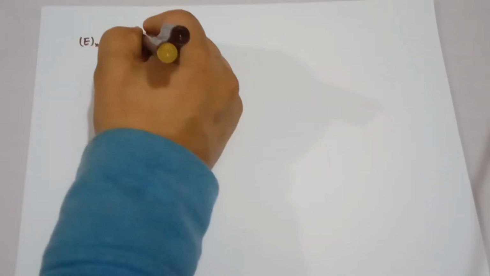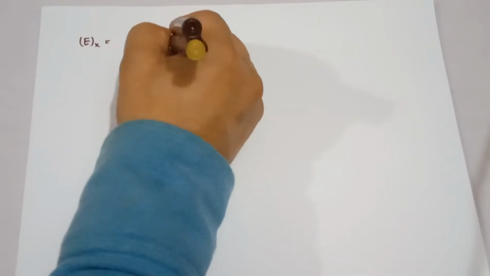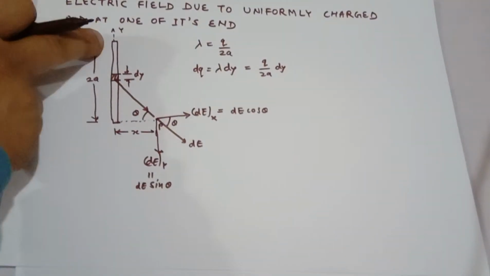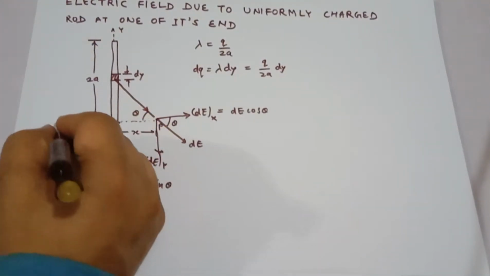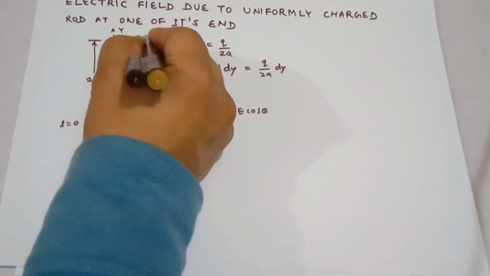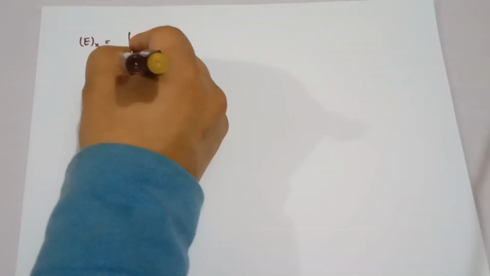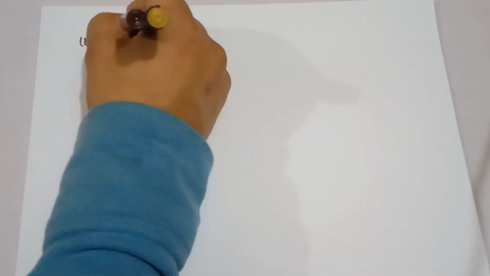That should be the integration of dE into cos theta, and the length of the rod this time is from 0 to 2a. Here L is equal to 0, and here L is equal to 2a, so you can put a limit from 0 to 2a. That is the total length of this rod.